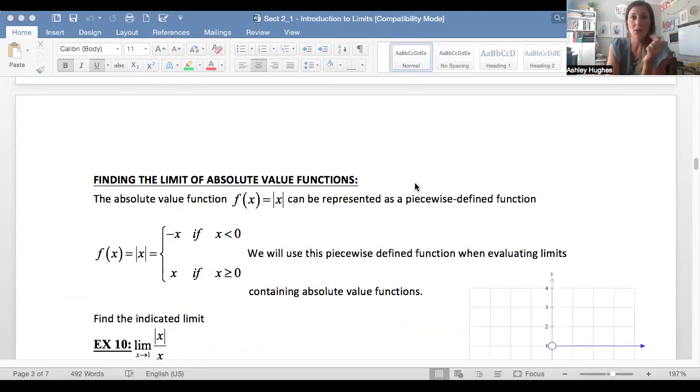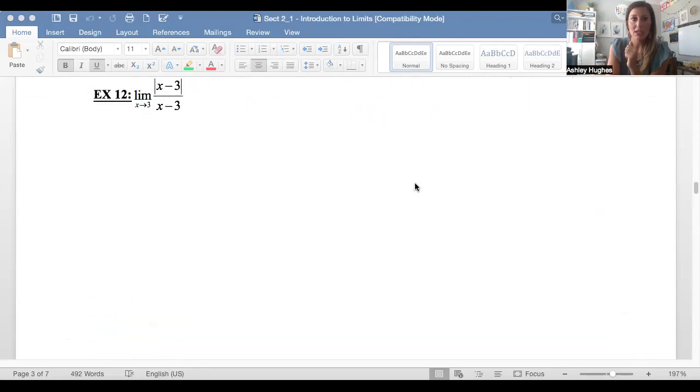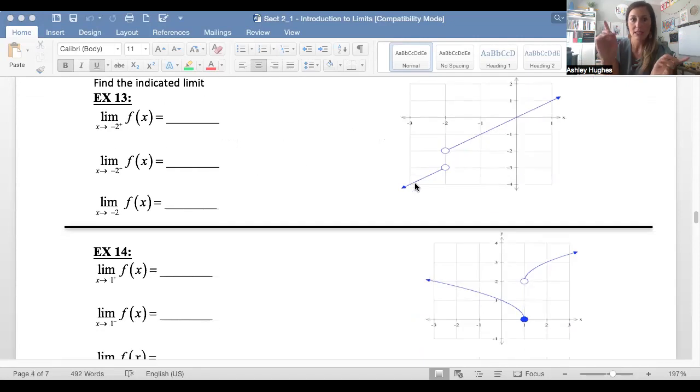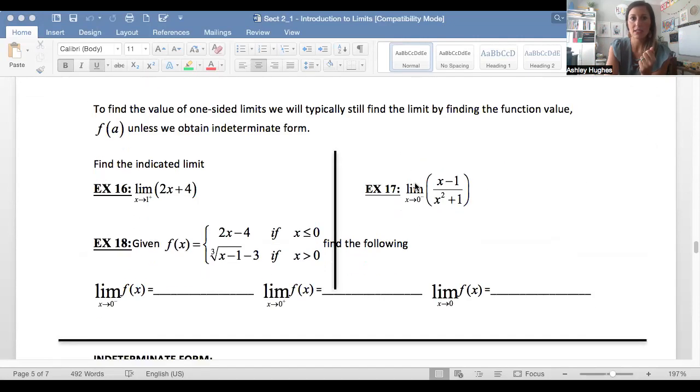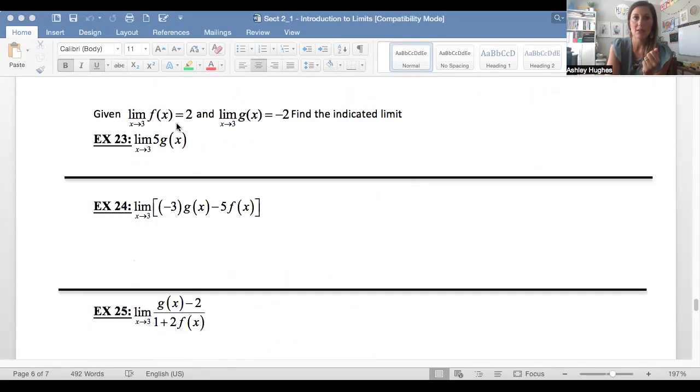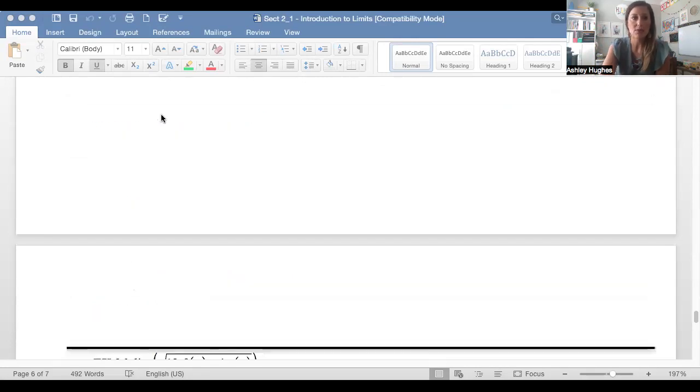But if you get 0 over 0, you factor to figure out what the answer is. The limits from the left and the right have to be the same for the limit to exist. And then limit properties, you basically just plug in whatever they tell you the limit values are. You can add them or subtract them, multiply them, take the root of them.